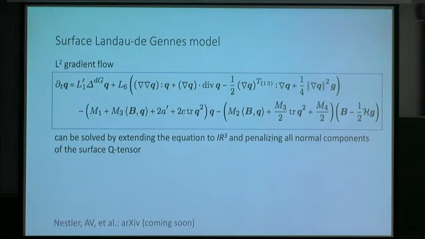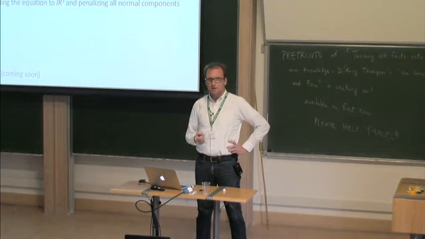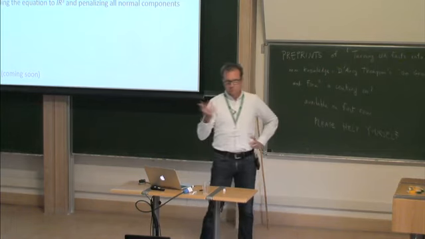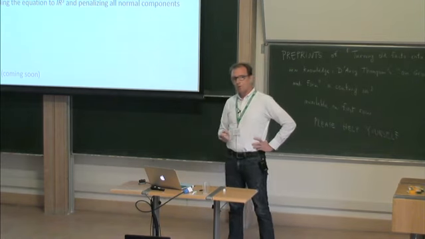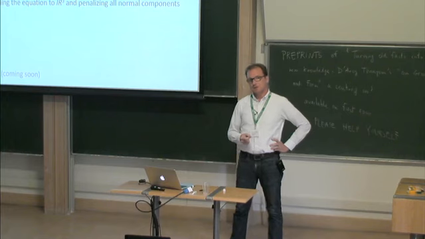That's one way. And the second way is to say, I allow for a representation in R3 and allow also for a normal component. And then I can write it using derivatives in R3, but then we penalize all normal components in the equations.